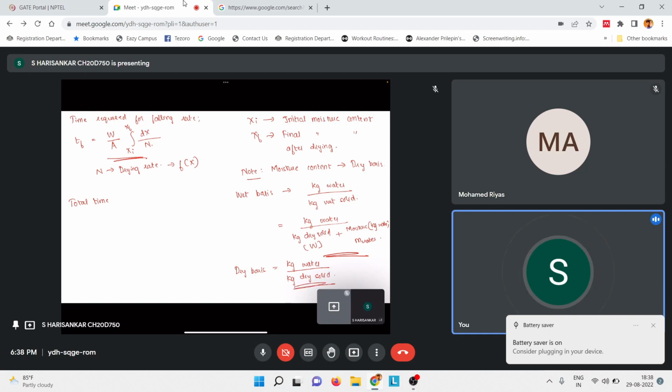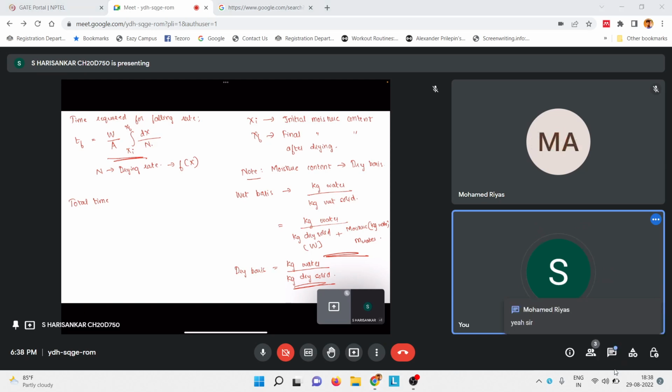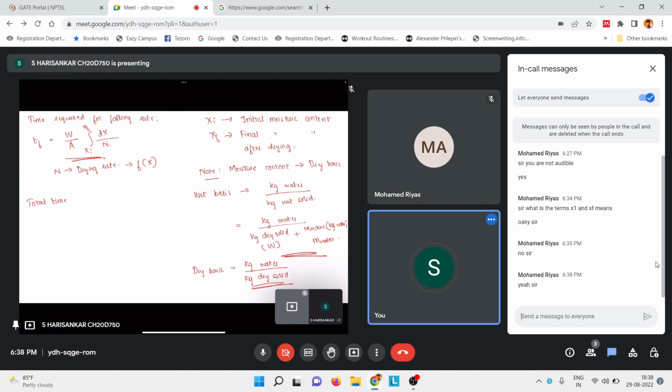This is the main difference between dry basis and wet basis. Is this clear? Do you need more explanations? Okay, fine. Let's move on then.